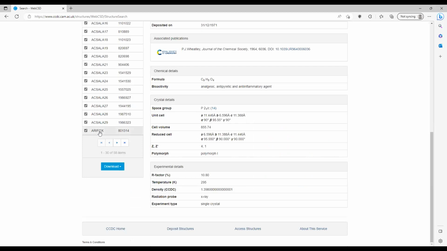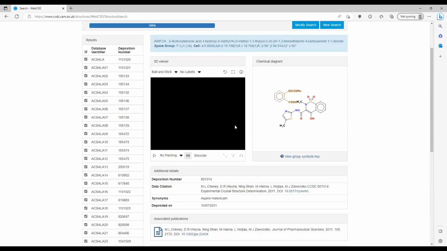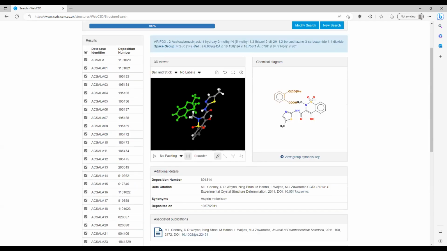For example, if I click on this one called AirFox, and I scroll up, this ref code AirFox, this is the brown component. So this is acetylsalicylic acid. However, it has this in it. So this is not a crystal structure of just acetylsalicylic acid. In the chemical diagram, we're only looking for the structures that contain just what we've drawn.